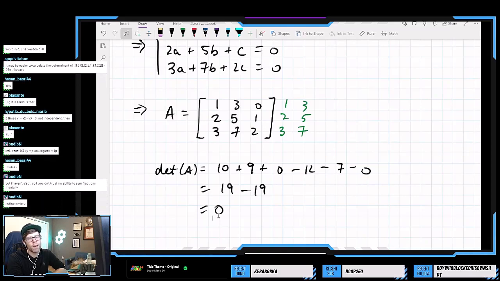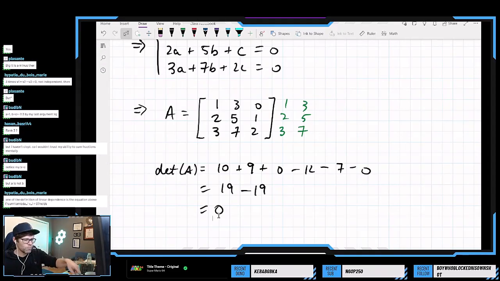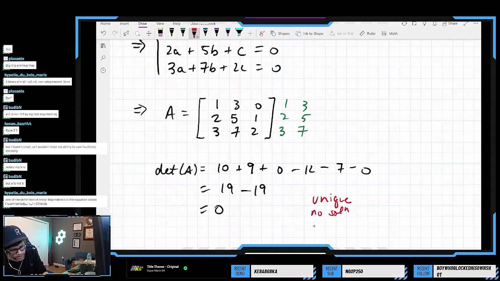But this is a homogeneous system. That's okay. Okay, gotcha. So basically there are 3 possibilities. Either there's a unique solution, or we have no solution, or we have an infinite number of solutions.